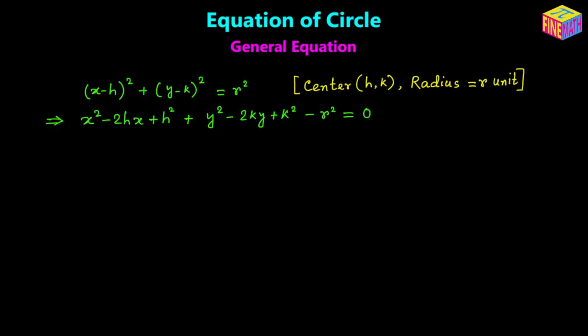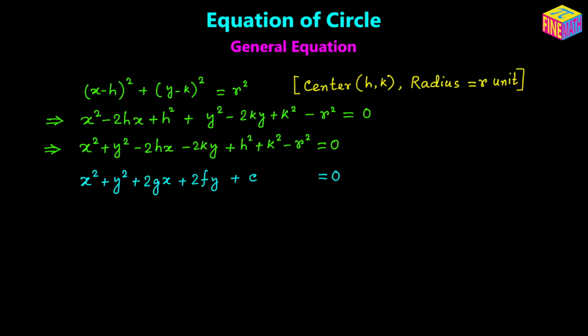In the next step, let's write down the x squared and the y squared terms first, and then the x and the y terms, and then the constants. So our equation is going to look like this: x squared plus y squared minus 2hx minus 2ky plus h squared plus k squared minus r squared is equal to 0. And the equation of a circle in general form is written like x squared plus y squared plus 2gx plus 2fy plus c equals 0.